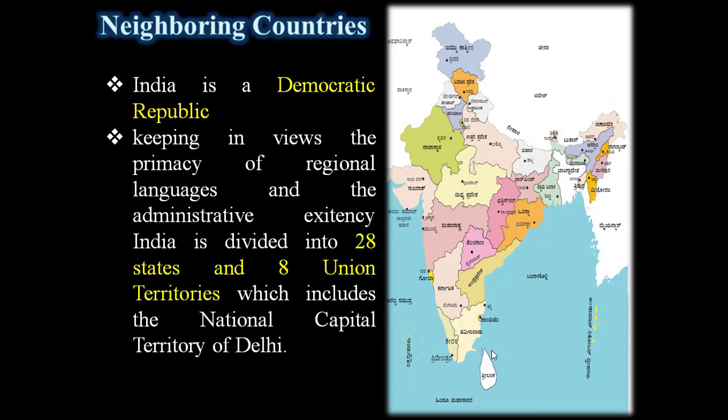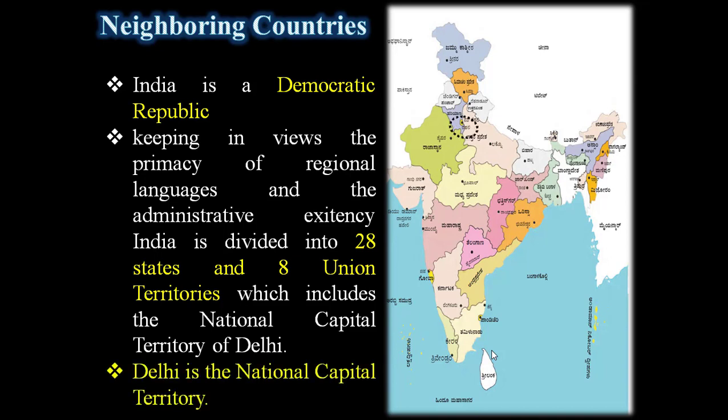Keeping in view the primacy of regional languages, as a part of administrative convenience and based on languages, at present India is divided into 28 states and 8 union territories, which includes the national capital territory, called Delhi.